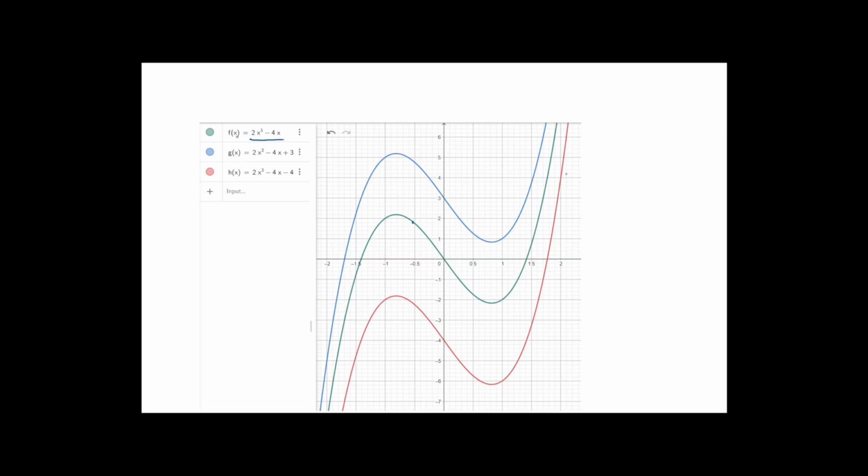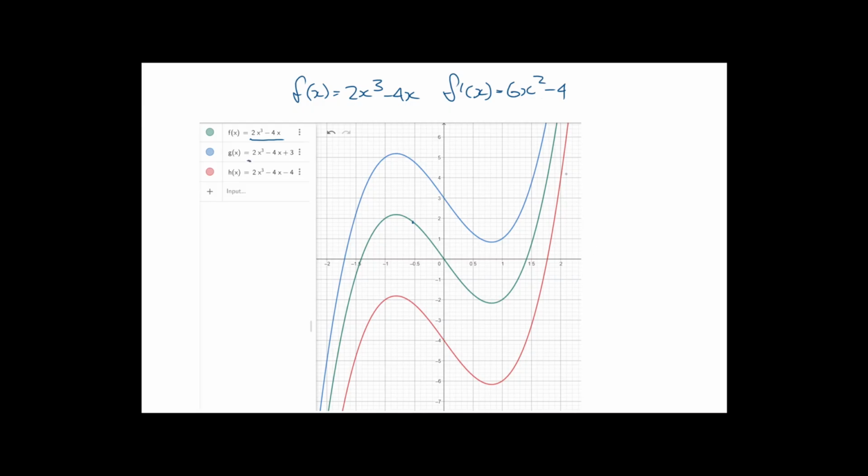So f of x is 2x cubed minus 4x. If we differentiated it, it would be 6x squared minus 4.